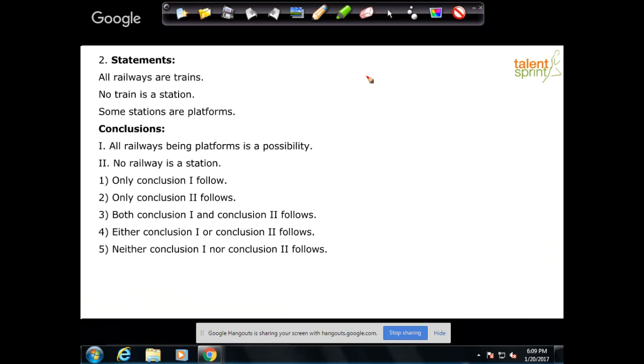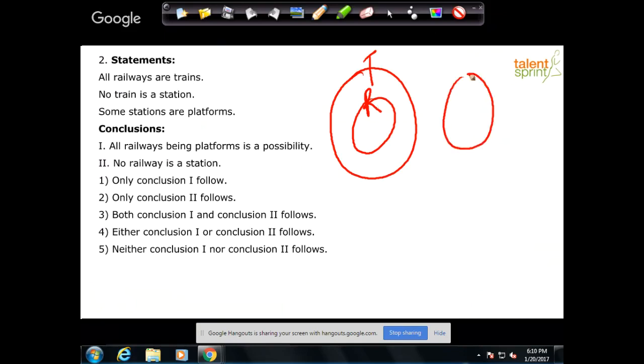They tell us that all railways are trains, which means train is the larger set, the universal set for railways. Railways is a part of trains. The second, no train is a station, which means that station is a set completely different from trains.